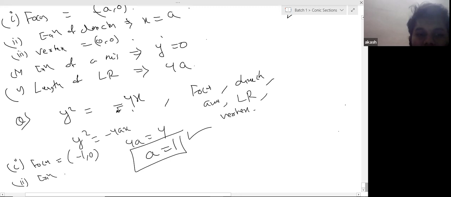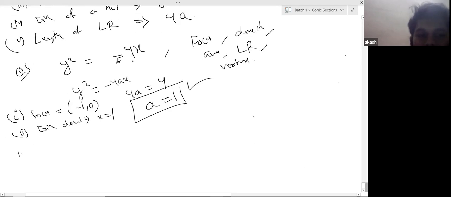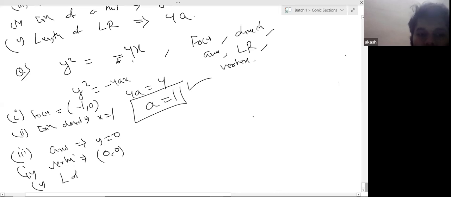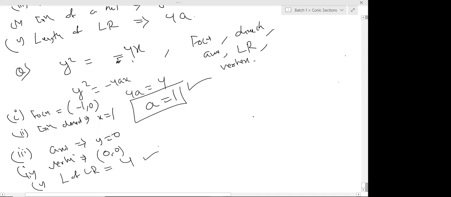Equation of directrix is x equals to 1. Axis is y equals to 0. Vertex is 0 comma 0. Length of latus rectum is 4a, that is 4.